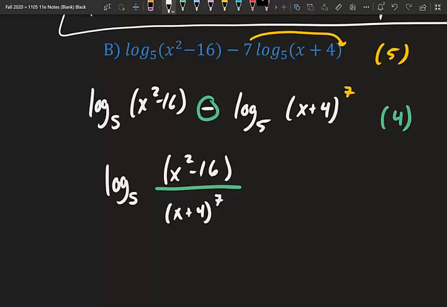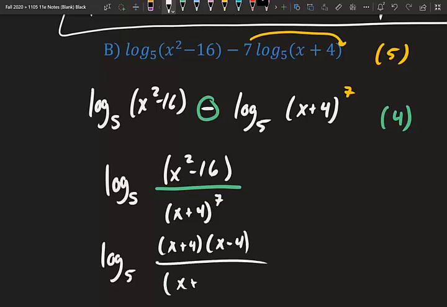Now how do I know if I'm done? I need to know, can I factor anything? Can I simplify anything? I can factor the top. So we can factor the top into x plus 4, x minus 4 over x plus 4 to the 7th.